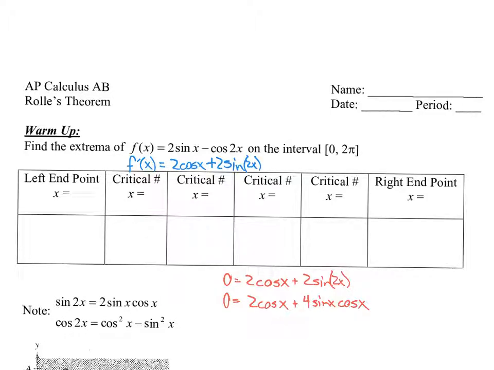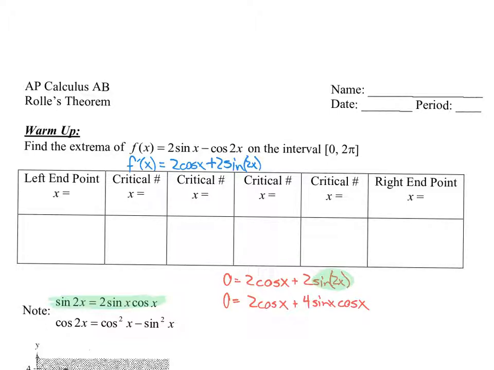So we took this right here, we used our identity over here, and we combined it with the other 2 to get that 4 sine x cosine x. And I'm going to get rid of that because that just made it hard to read. Okay? So, 4 sine x cosine x.